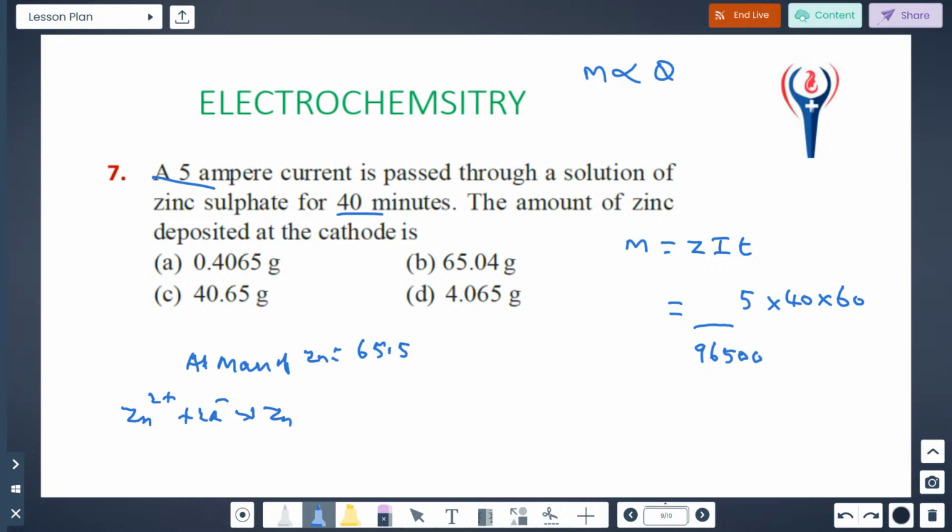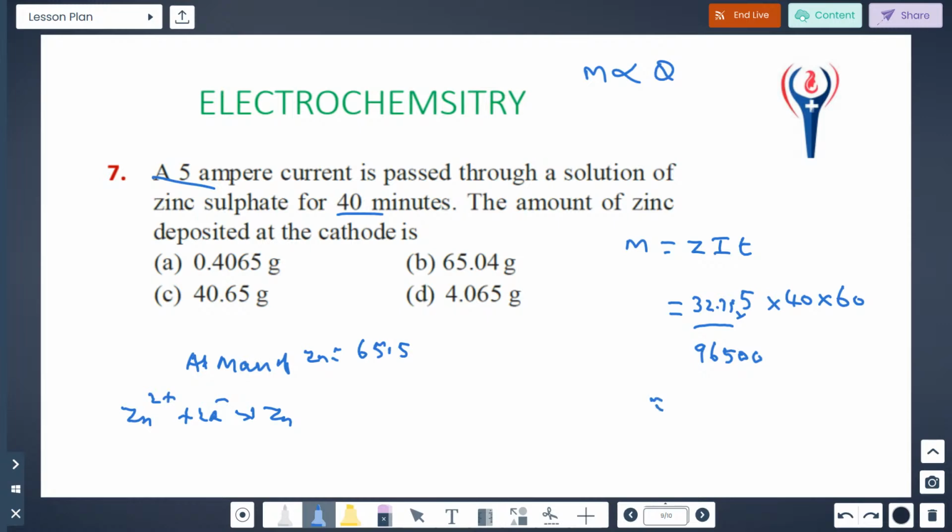Understood? So its valence is 2. So the atomic mass of zinc is 65.5, so the equivalent mass will be just half of this. So 65.5 divided by 2 gives nearly 32.75. So if you simplify, we can get the answer.